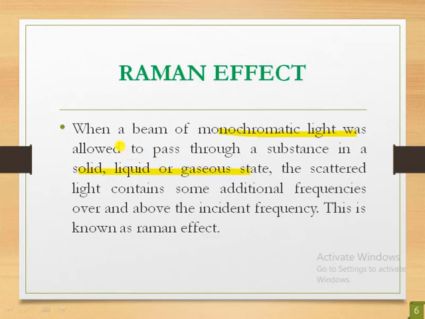When a beam of monochromatic light is allowed to pass through the substance in any of the states, the scattered light contains some additional frequencies over and above the incident frequency. Whatever scattered light we get, in that we get some additional frequencies, and those particular frequencies are because of an effect, and that effect is known as the Raman effect.